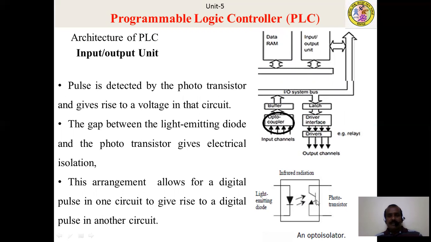This pulse is detected by the phototransistor and it gives rise to a voltage in the circuit. The gap between the light emitting diode and the phototransistor gives electrical isolation. This arrangement allows a digital pulse in one circuit to give rise to a digital pulse in another circuit. This is how we achieve signal isolation.